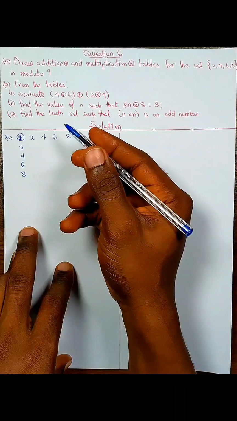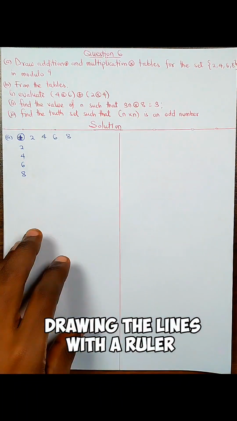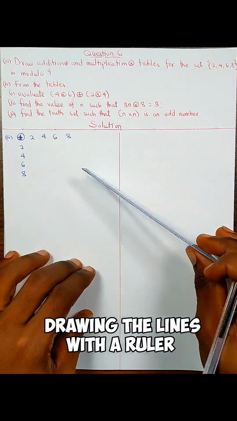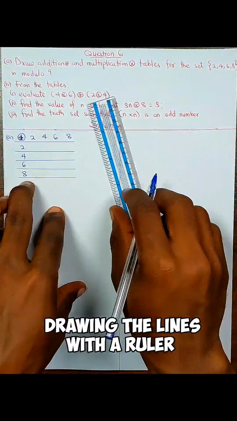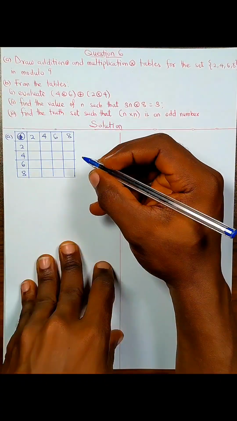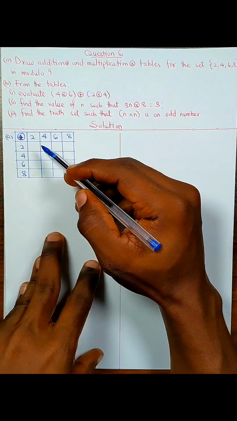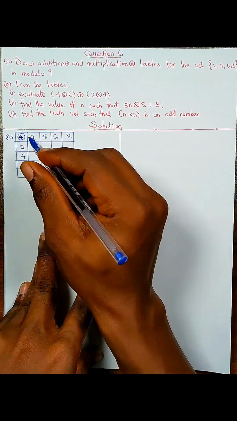You need a ruler to make this work really clean. Now we are going to add these values. So this is a plus.